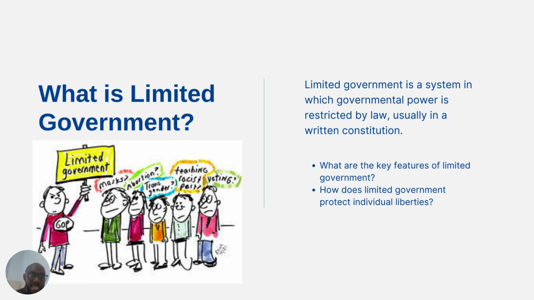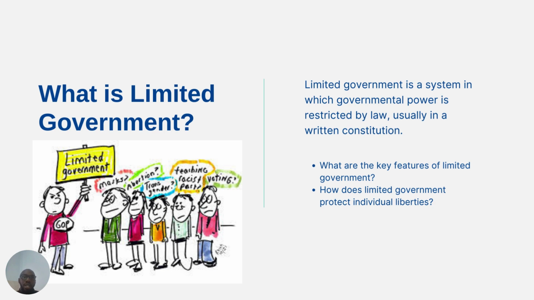Now, in defining terms, when we are defining what limited government is, we are saying that it is a system in which the government's powers are restricted by law, usually in a written constitution. Most of the time, limited government is closely associated with constitutions and constitutionalism.